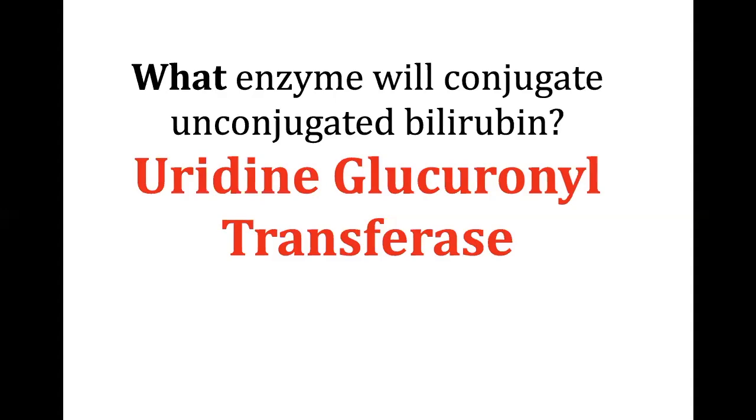Now, what enzyme will conjugate unconjugated bilirubin? It is uridine glucuronyl transferase. Okay, memorize this, the enzyme that will conjugate unconjugated bilirubin. Now, let's mention these terms direct and indirect bilirubin.